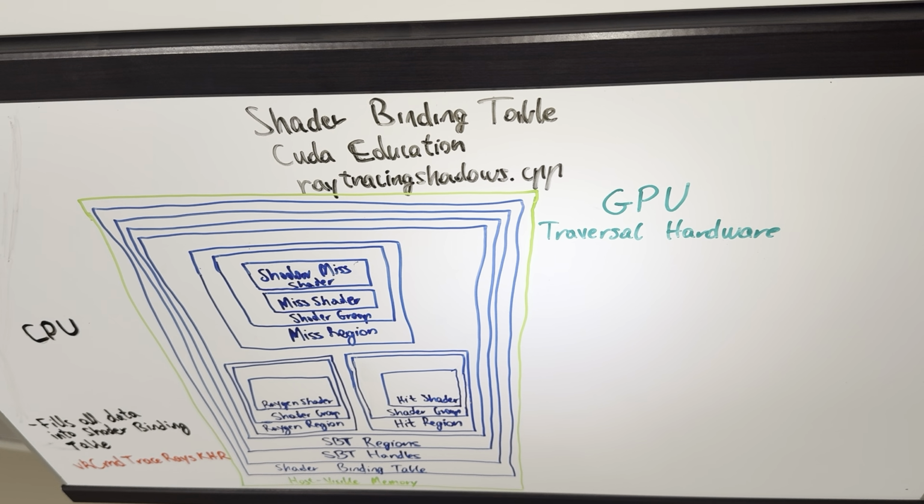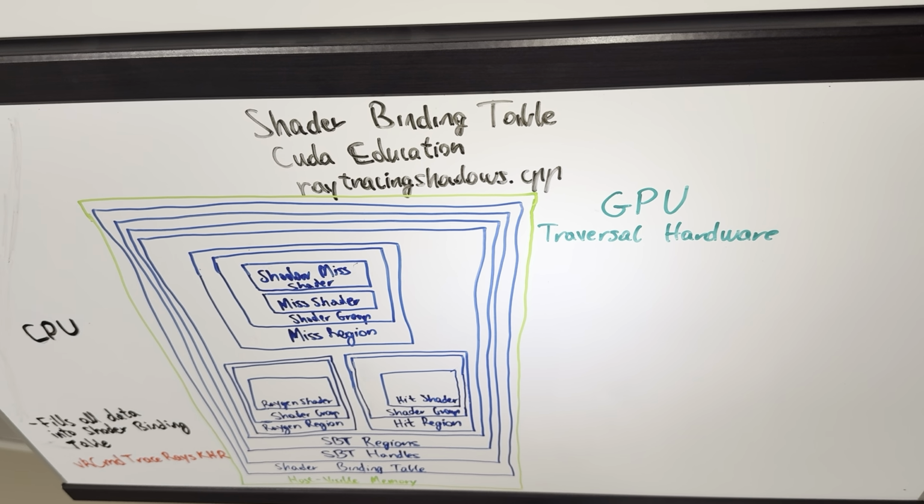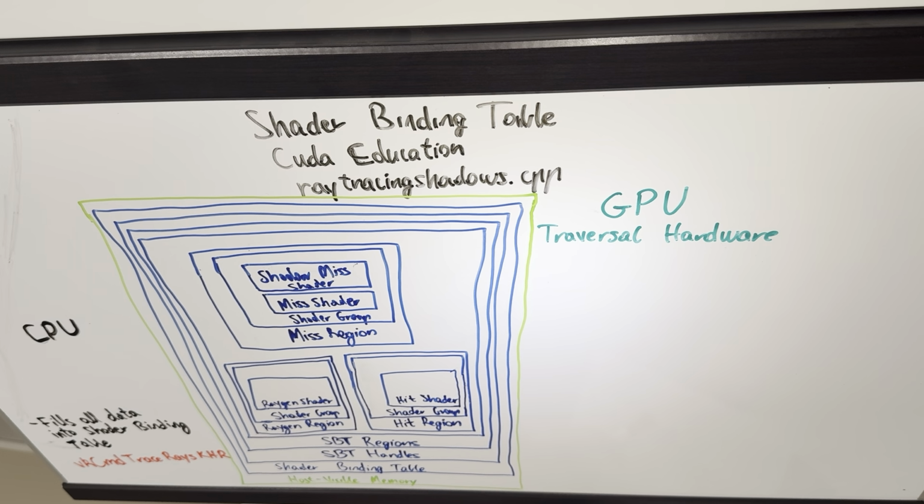Now, just do a quick sanity check. Okay, so we have our shader binding table that basically organizes all the things that the GPU is going to need for scene traversal, right?